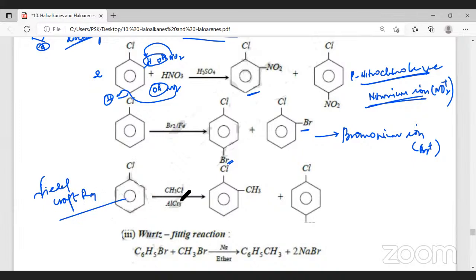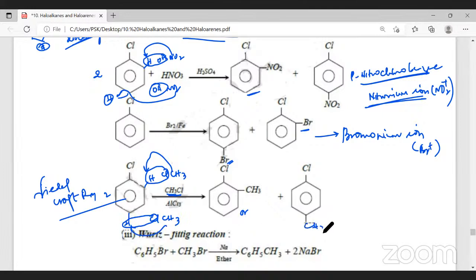Chlorobenzene, when treated with an alkyl halide like methyl chloride, I can show this hydrogen, and write methyl chloride like this, CH3Cl. H and Cl get eliminated as HCl. In place of H, CH3 goes. So you will get the ortho methyl compound. And similarly, if I show the second hydrogen atom here for para, and write CH3Cl, this H and Cl get eliminated as HCl, in place of H, CH3 goes.